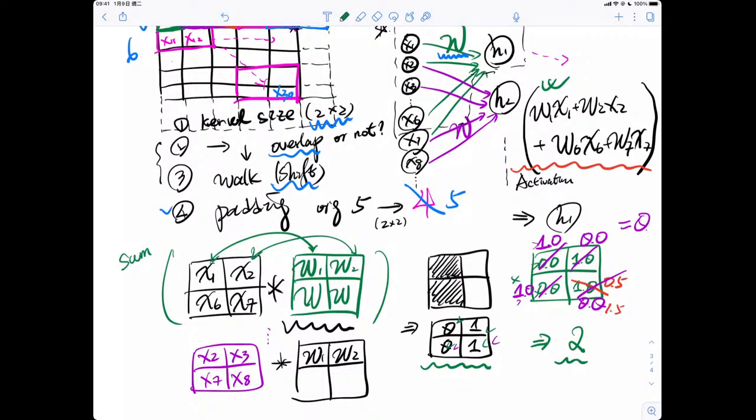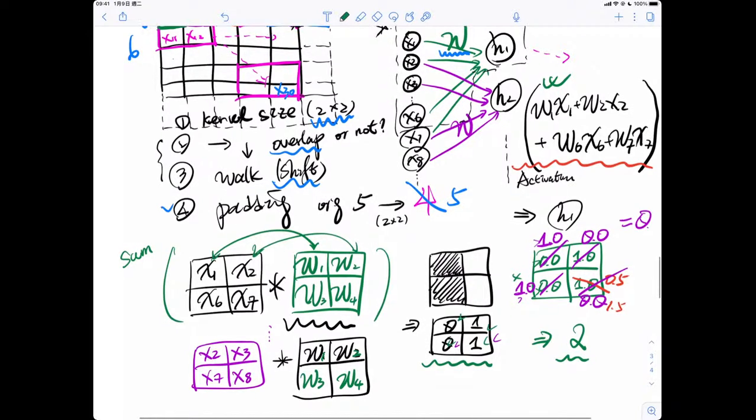We have 4 weights, right? Because all the weights of each neuron are the same, so I simply use 1, 2, 3, 4 to represent the 4 weights in this 2x2 kernel.